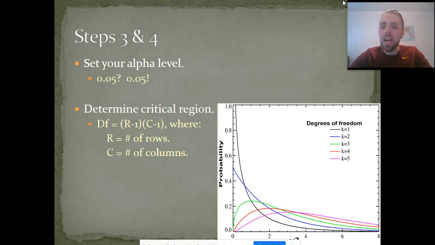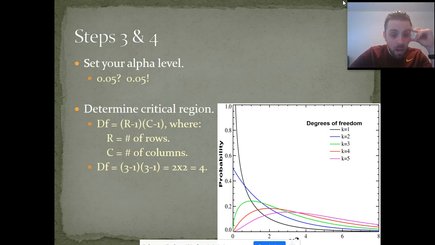You will remember that in our particular problem here, we have 3 religious preferences and 3 political preferences. So number of rows, R equals 3. Number of columns, C equals 3. So what we're doing here is 3 minus 1 times 3 minus 1, or 2 times 2 equals 4. So the degrees of freedom here are 4.